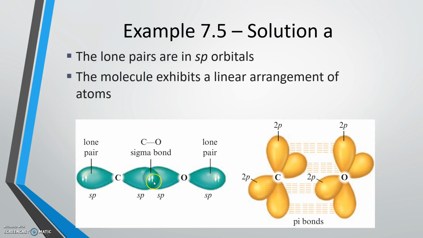The one in the middle is producing the sigma bond, and then each atom has its lone pair. That produces your linear arrangement. And then if we look at the 2p orbitals that weren't being used in the sigma bond or the lone pair, they are overlapping above and below the molecule to produce those pi bonds for the triple bond.